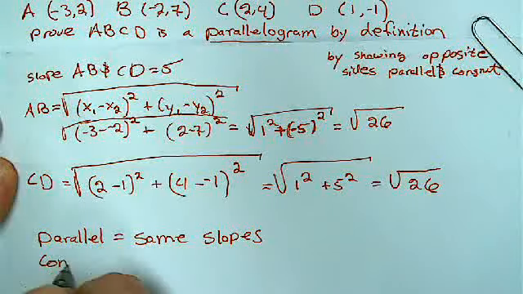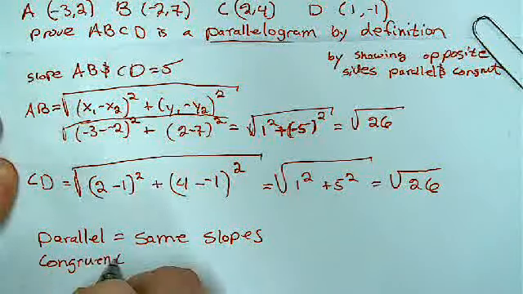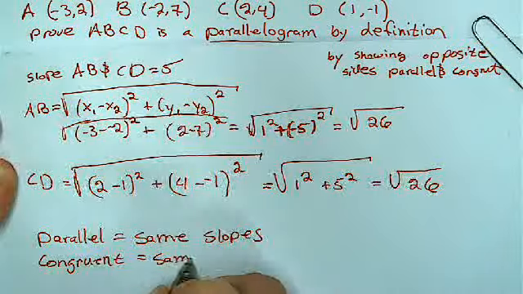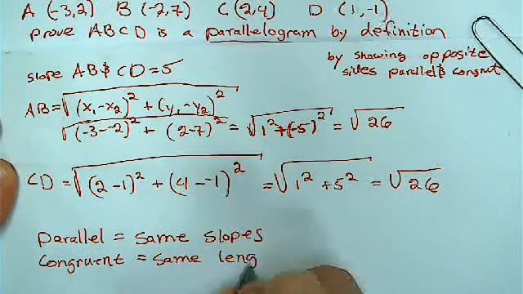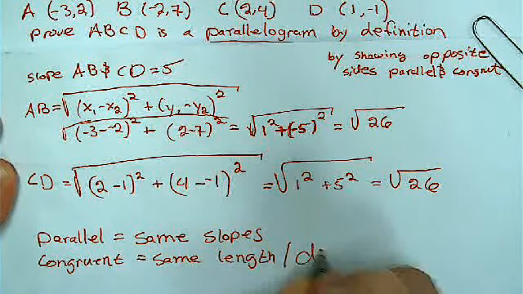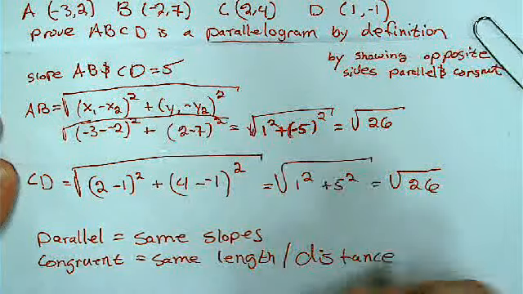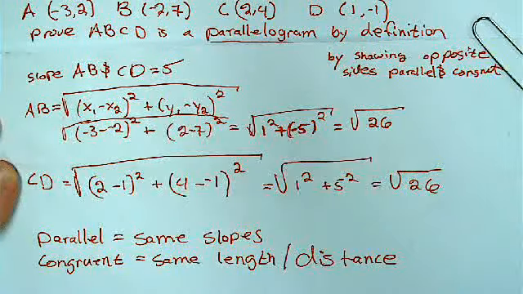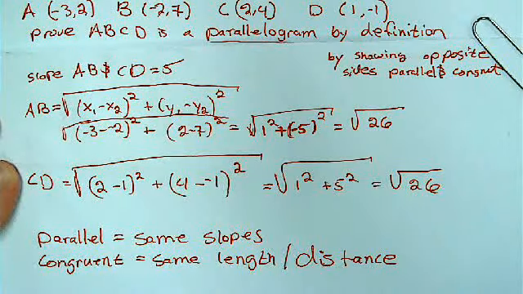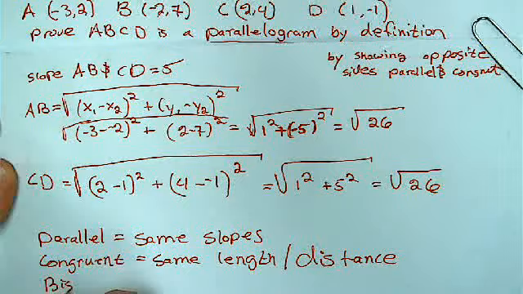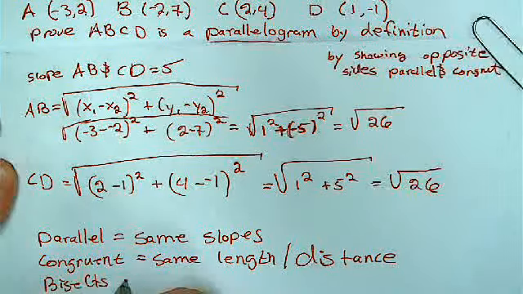Congruent, you're looking for the same length or distance. And then bisects, same midpoint.